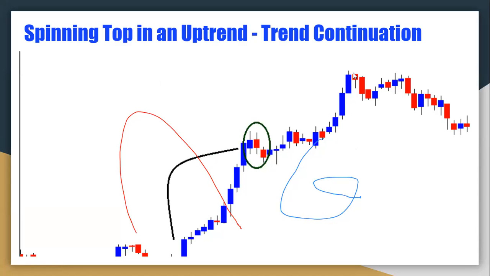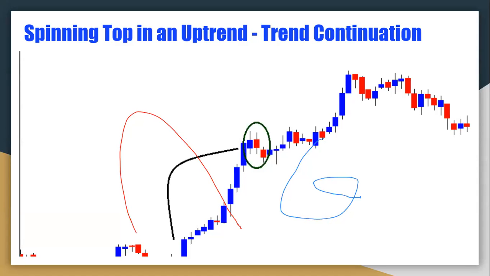So till now we saw that a spinning top indicates uncertainty, and whenever this happens, there are two possibilities. In the case of an uptrend, either the bulls are consolidating their position, or they have lost their strength. If they are consolidating their position, the trend is going to continue. If they have lost their strength, the trend is going to come down.